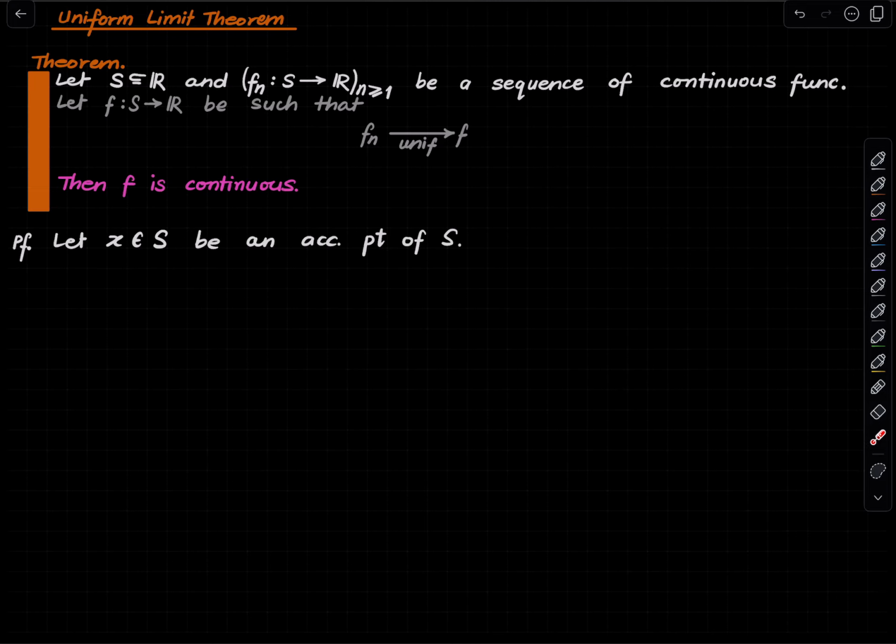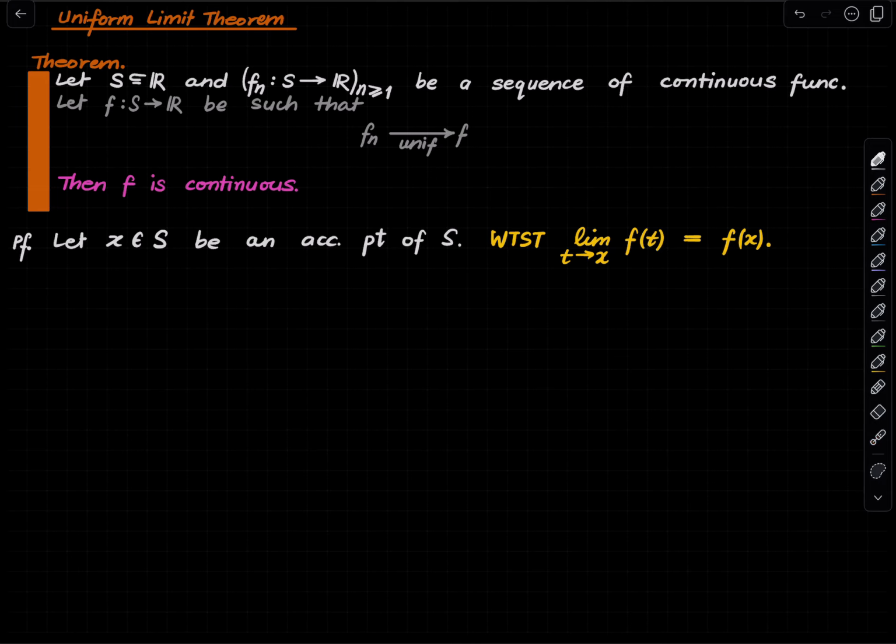So what we want to show is that the limit as t approaches x of f_n(t) is equal to f(x). Since x is in S, we can actually write this. This is why I kind of glitched a little bit. Okay, great.